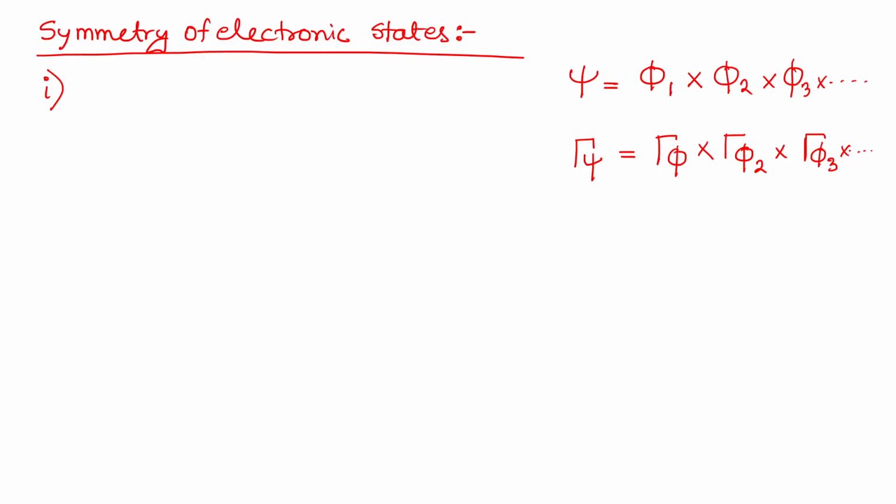We have to know the electronic configuration first, and from the electronic configuration we are going to generate the symmetry of the electronic state.